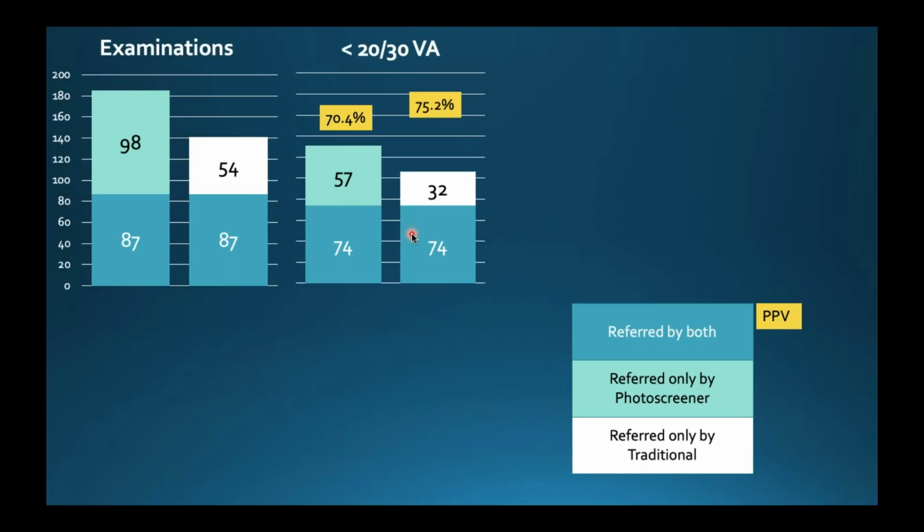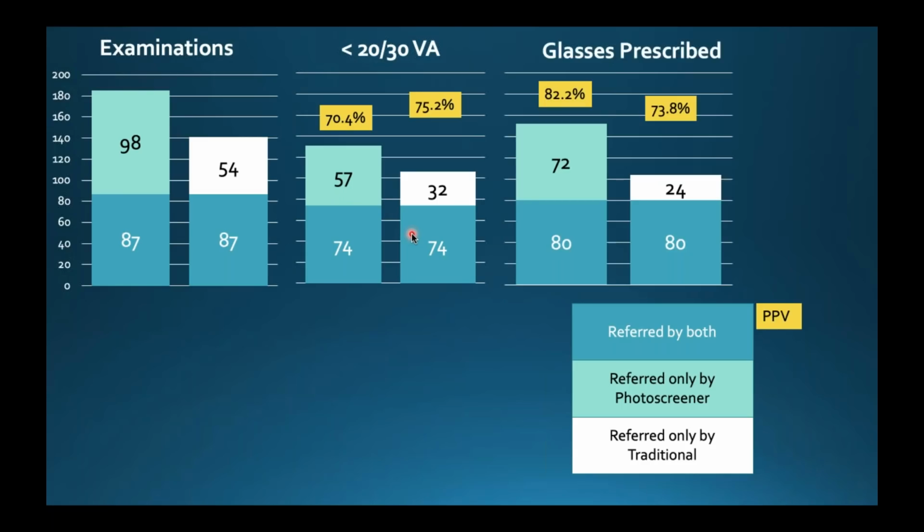Then when we look at whether or not glasses were prescribed by the optometrist or the ophthalmologist, a higher percentage received glasses in the photo screening group, a total of 82.2%, whereas a lower percent were prescribed glasses, 73.8%, in the traditional vision screening.